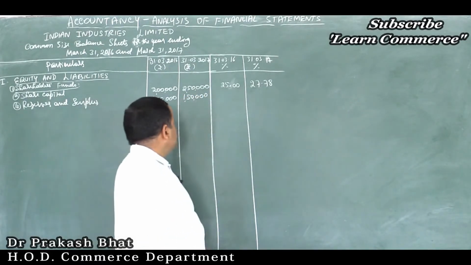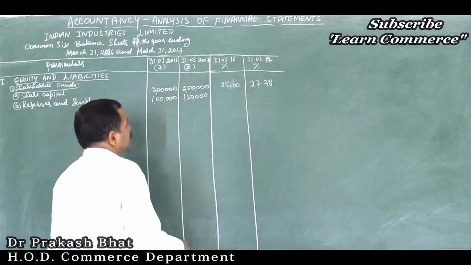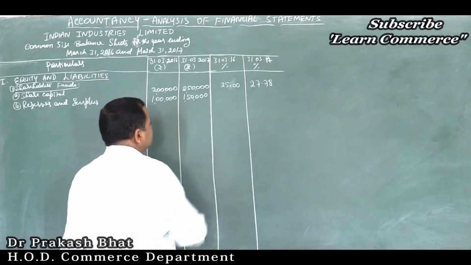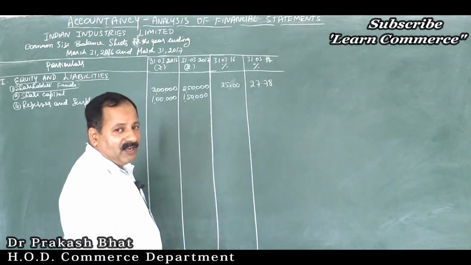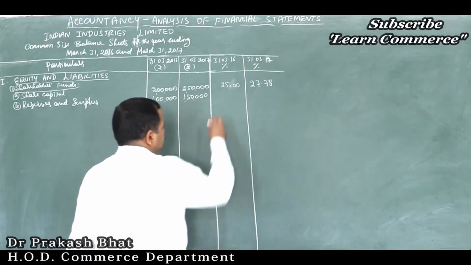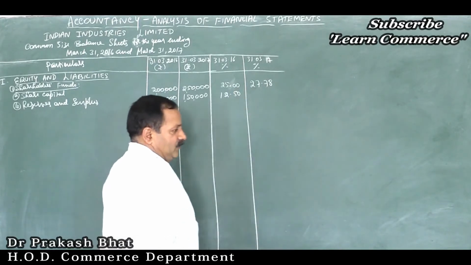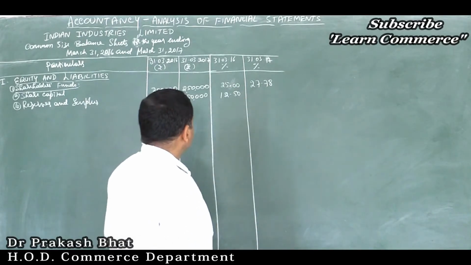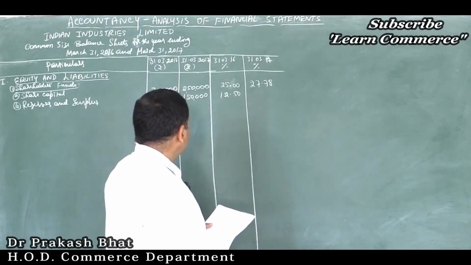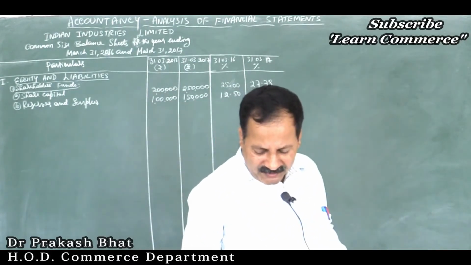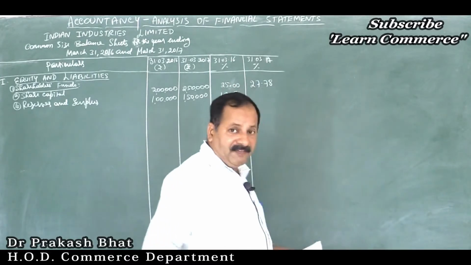Now calculate the percentage. 8 lakh means 100, so 1 lakh means 12.5%. Then 1,50,000: here 9 lakh means 100, so 1,50,000 means how much?